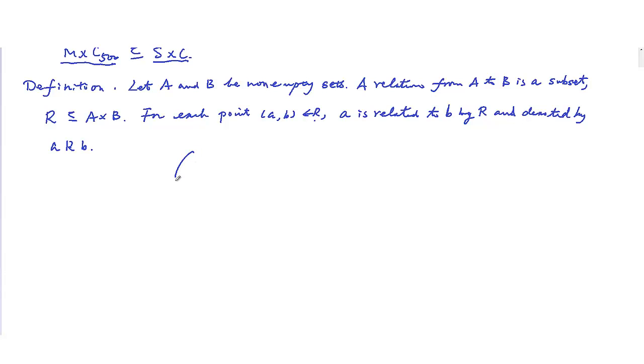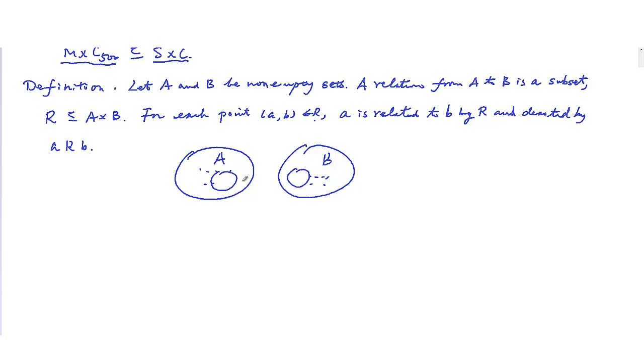So if you look at the picture, say you have set A here with many points, and set B here with many points, and then you have some points that are put together. So you have a here and b here, you put them together. That indicates these two elements are related. And that is the definition for relation.